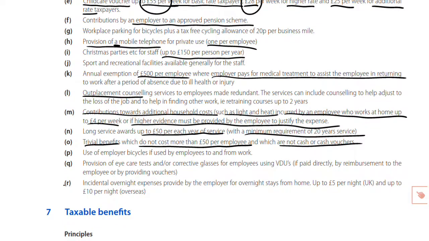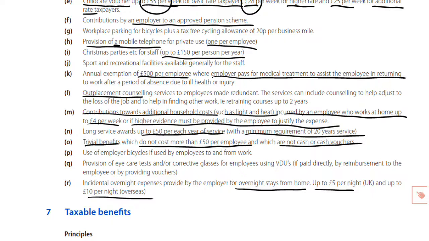Other one to watch, this last one here, incidental overnight expenses provided by the employer for overnight stays. Up to £5 a night in the UK, £10 per night overseas. You'd be told how many nights, what has been paid. The thing about this one is that if the amounts paid to the employee as this incidental overnight expense cover things like telephoning home or whatever it might be, if you go over those figures, the full amount is assessable.